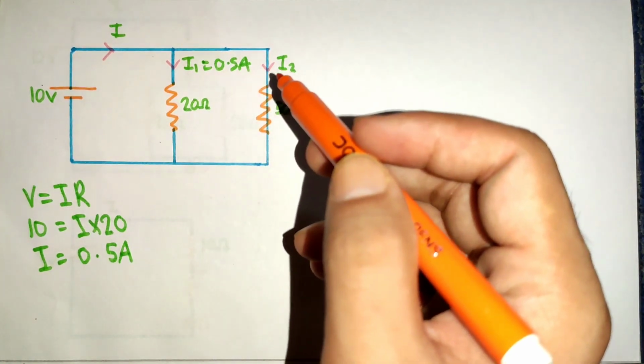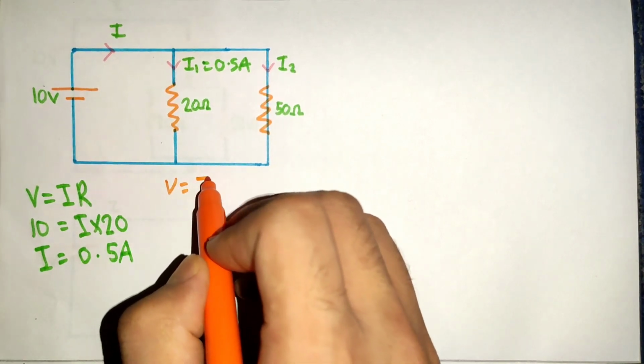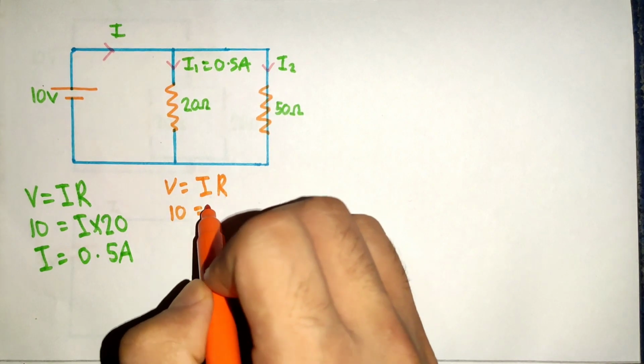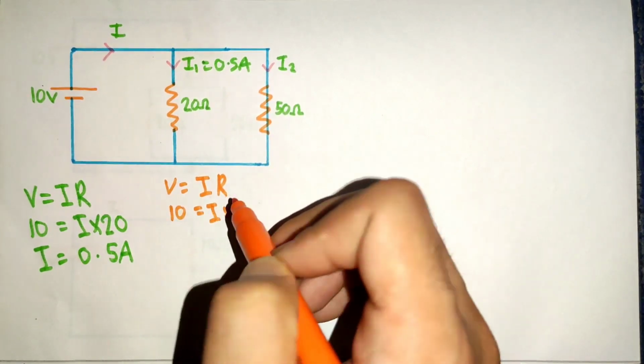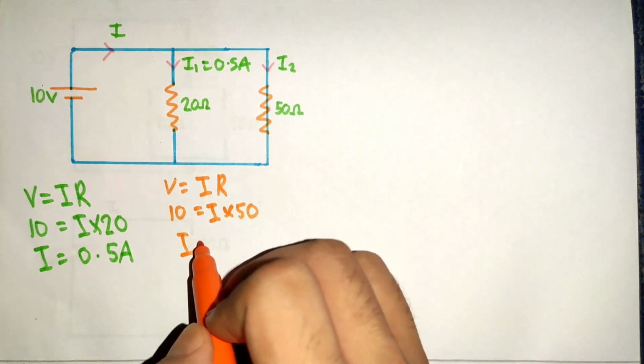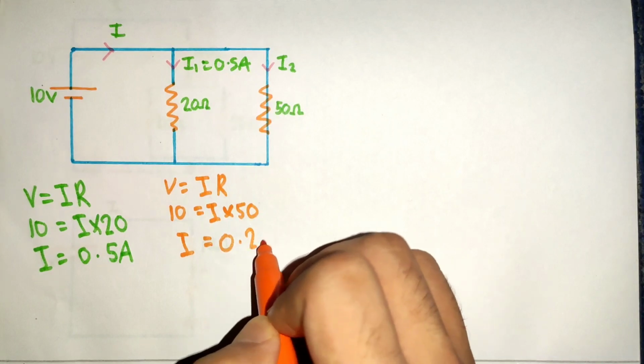In a similar way, let's calculate I2 also. V equal to IR, V is 10, I into R is 50. Then I equals 0.2 ampere.